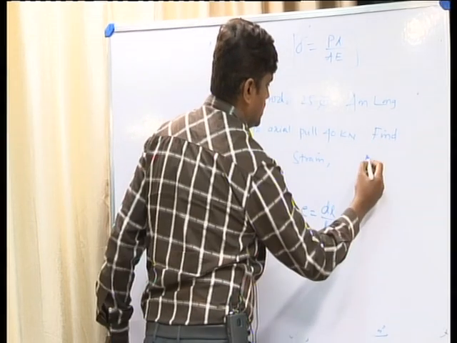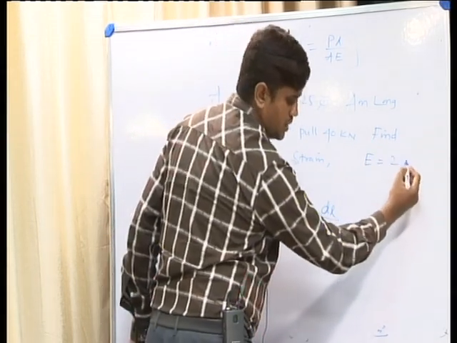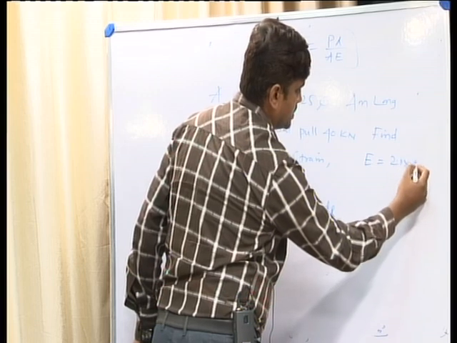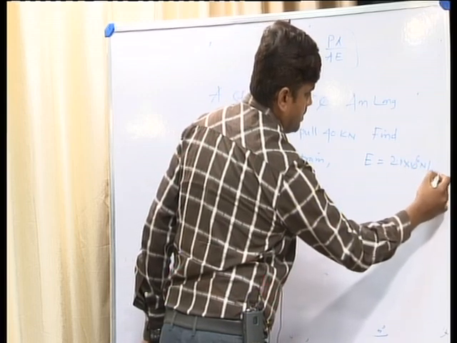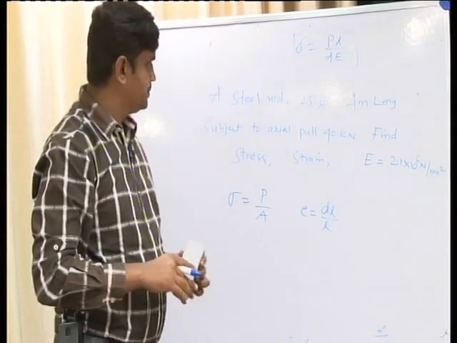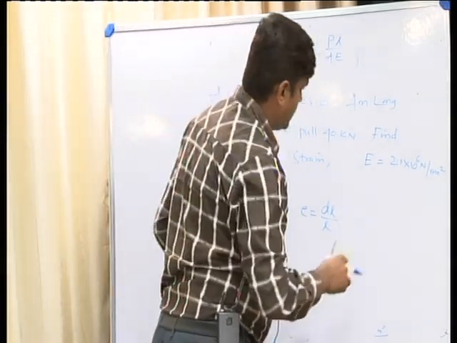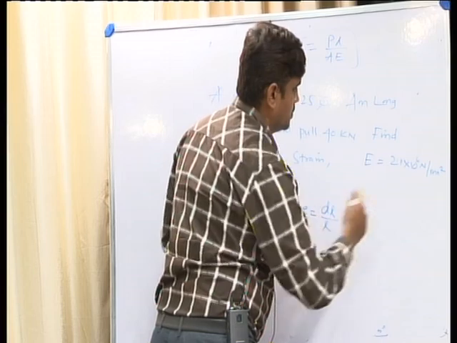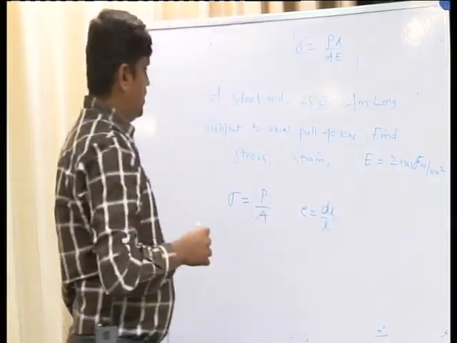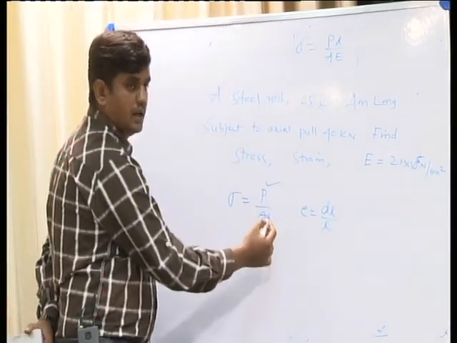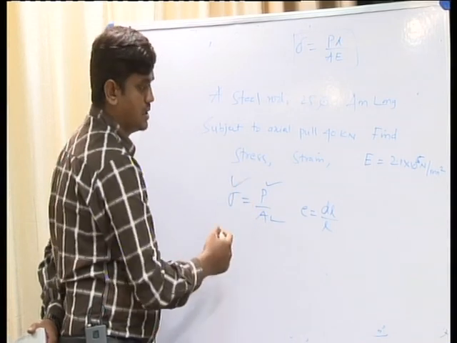Young's modulus is equal to 2.1 into 10 raised to 5 Newton per mm square. So substitute the values of P and area, and calculate the stress.